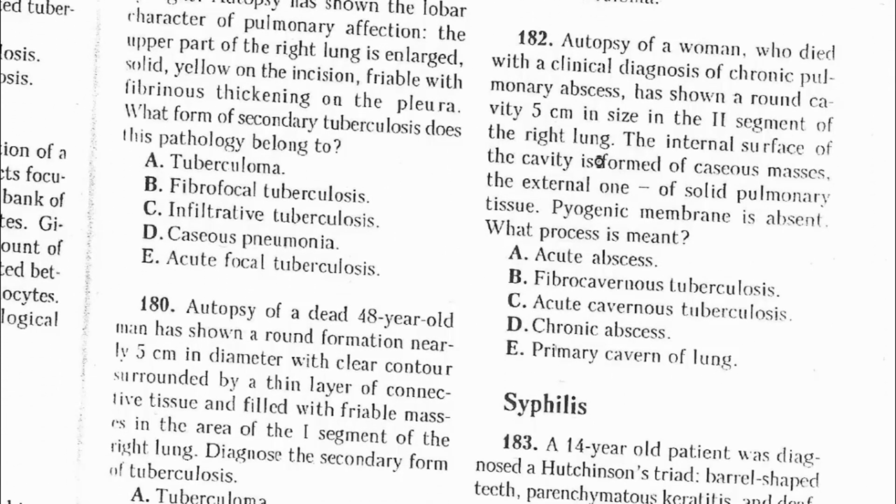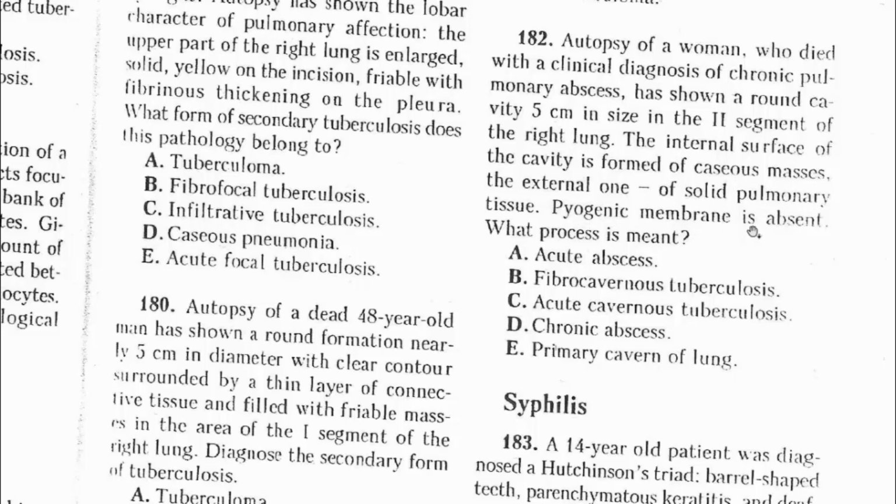82. Autopsy of a woman who died with a clinical diagnosis of chronic pulmonary abscess has shown a round cavity inside the second segment of the right lung. The internal surface of the cavity is formed of caseous masses, the external one of solid pulmonary tissue.